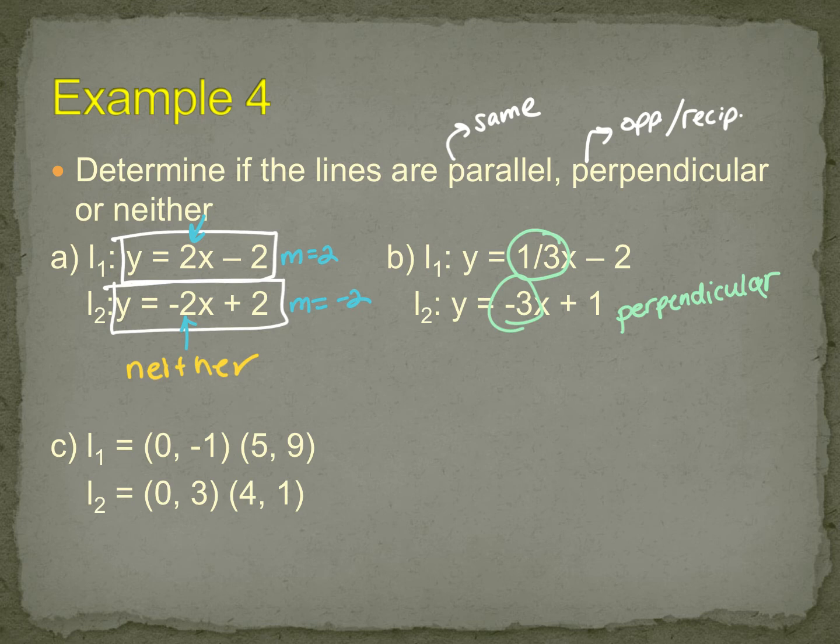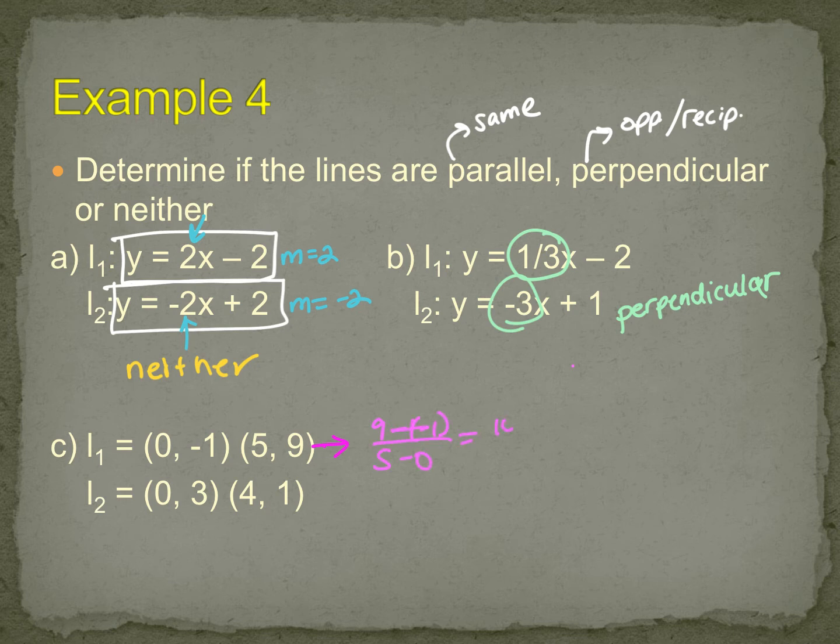And the last one is not giving me an equation, but it does give me the points. So the first thing I have to do is actually find my slope and then compare it. So I'm going to do rise over run here, or y2 minus y1. Nine minus a -1 over 5 minus 0.